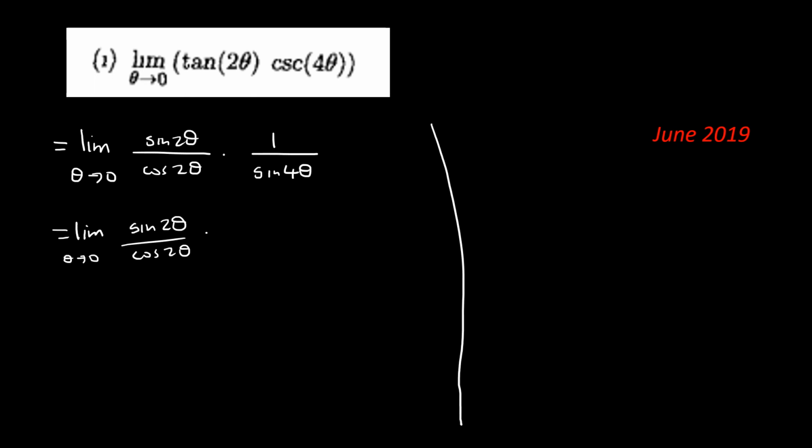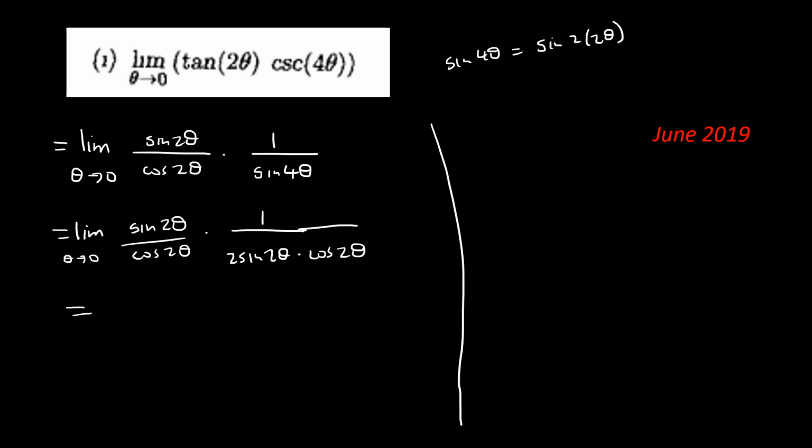We know sine 4 theta, we can write it as sine 2 times 2 theta, which is double angle of 2 sine 2 theta cos 2 theta. Remember, double angle of sine, sine 2a is 2 sine a cos a.